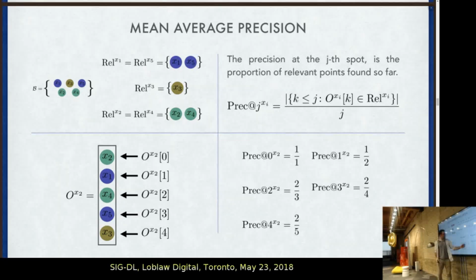The precision at 2 for x2 is 2/3. I have seen 3 things, 1, 2, 3, and 2 were correct, and so on. So this is telling you, as you move down in your ranking, how good your ranking was. Now notice something. Every time that precision is 1, it's accurate. The first time that it makes a mistake, it goes below 1.